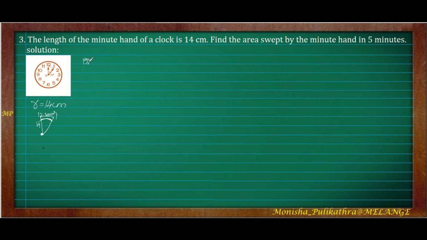Therefore, one complete sweep of a minute hand will be equal to 360 degree, since we can consider it as a complete circle. But here we need to consider only a 5 minute sweep.